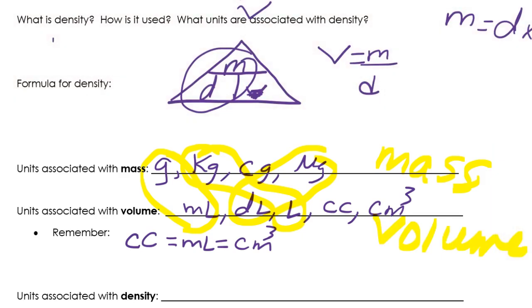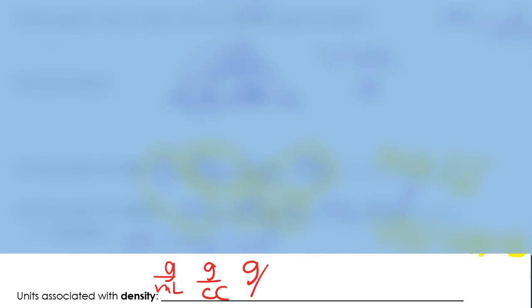It's that simple. But let me give you some perspective though. If all I'm doing is combining a mass unit per volume unit, those things could vary. Again, I could have grams per milliliter, grams per cc, grams per liter, kilograms per deciliter, kilograms per centimeters cubed.